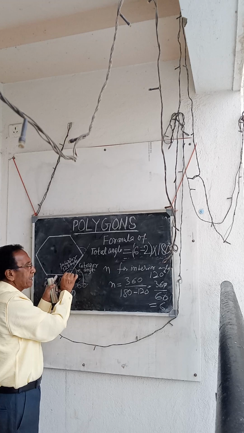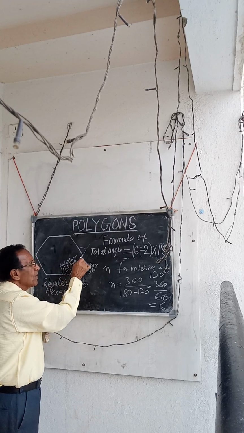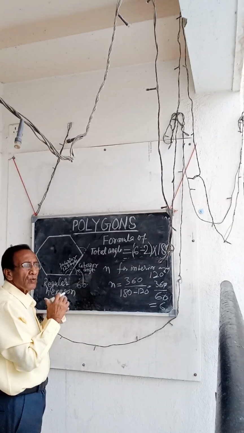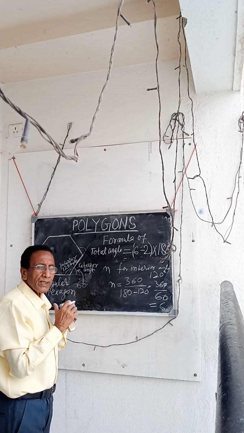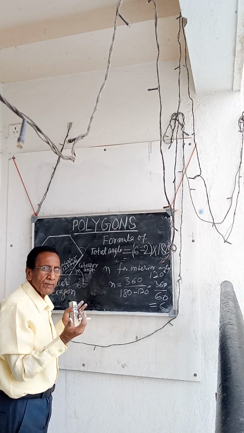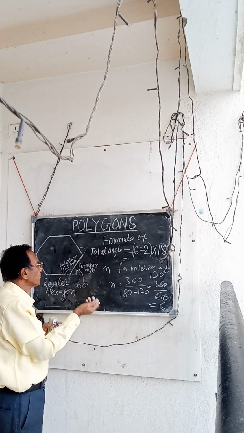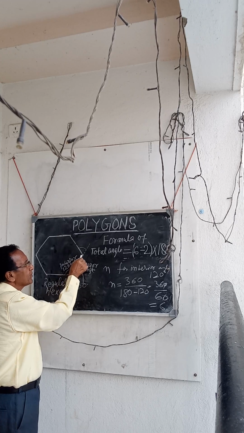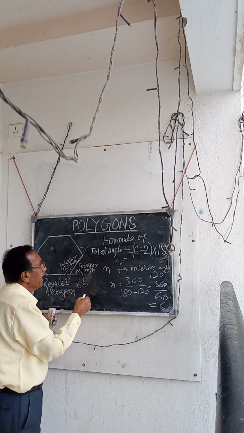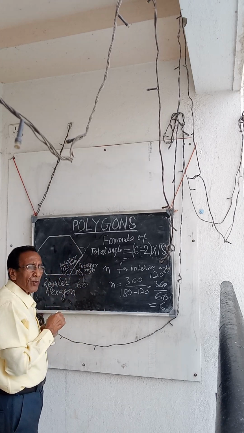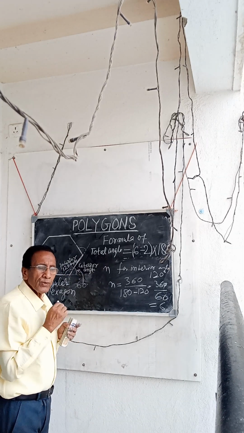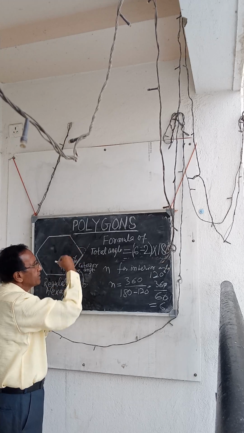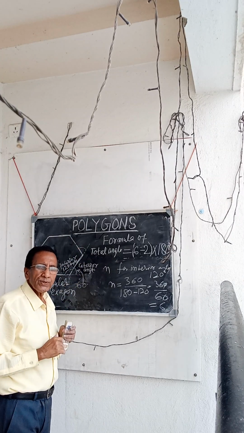This is very important. When the internal angle increases, the number of sides will increase and the polygon will be of bigger size. It is directly proportional: angle, sides, and shape and size are all directly proportional.